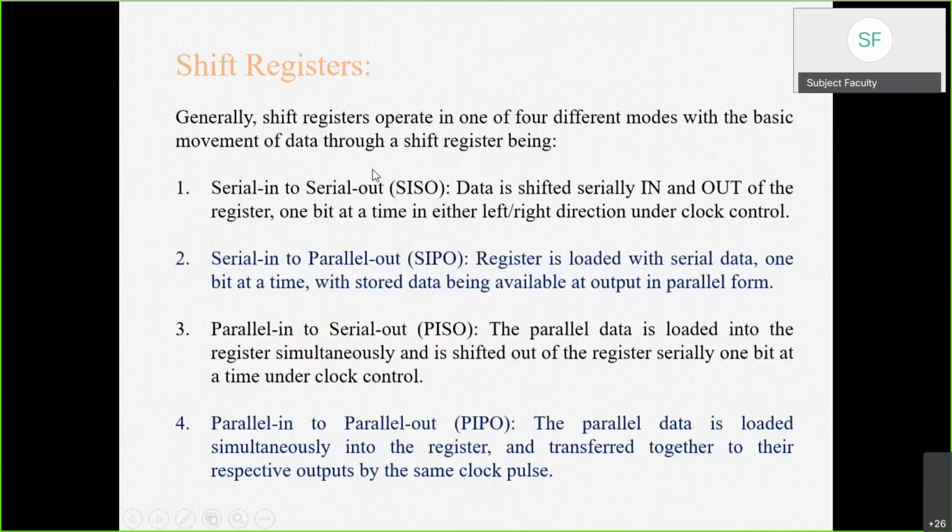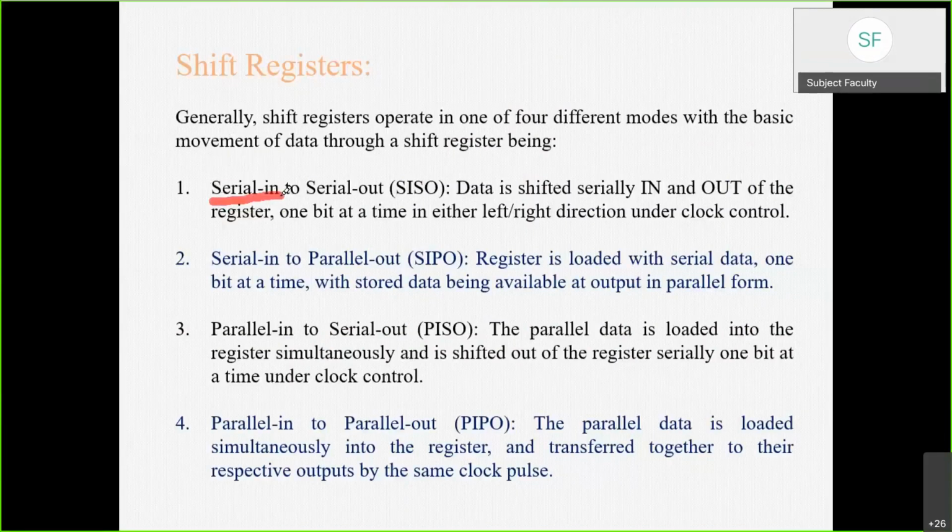So generally, a shift register can be operated in one of 4 different modes, and these are mentioned here, depending on whether your input is serial or parallel, and whether your output is serial or parallel. Okay. So a total of 4 combinations are possible. The first combination is serial in, serial out. So what does it mean?